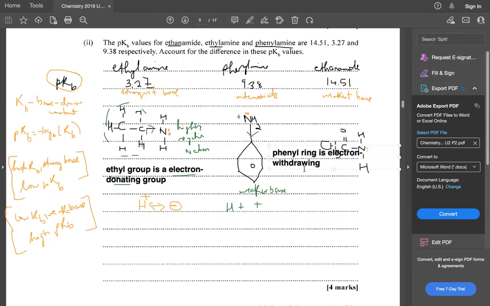That's what results in this being a weaker base, because it pulls all the charges to itself, resulting in a more positive nitrogen. And if it's positive, it's not going to be able to accept protons as well as the ethylamine was able to.